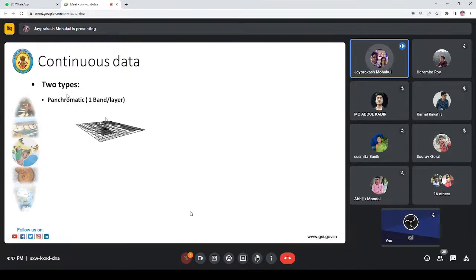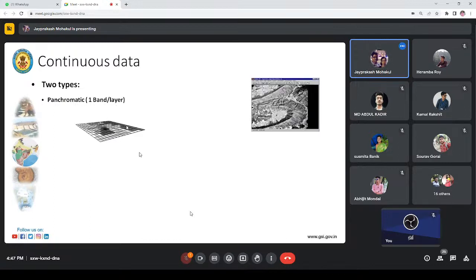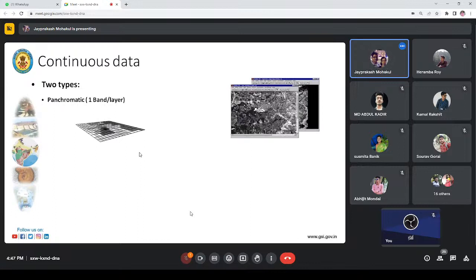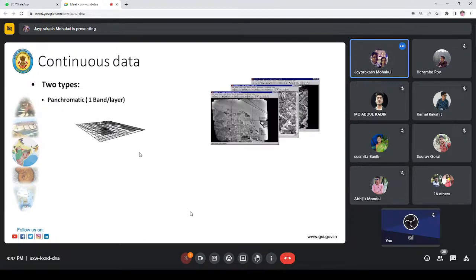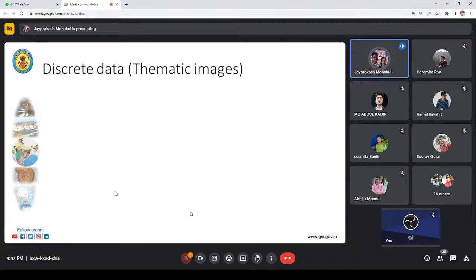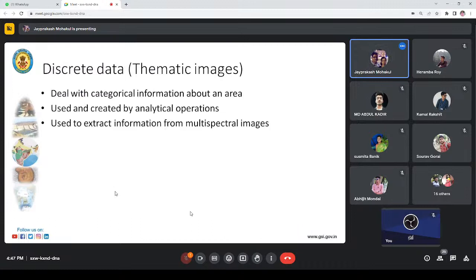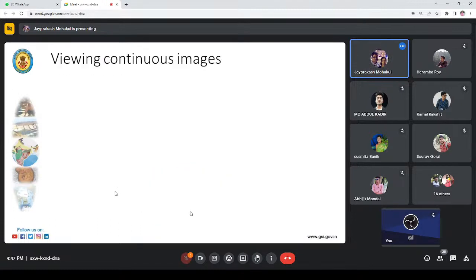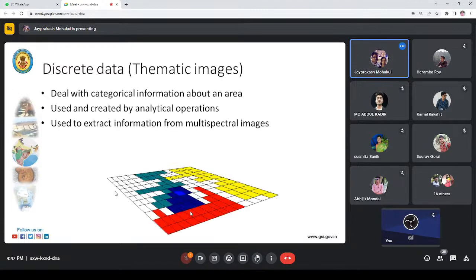So once you have an array of numbers, you can see a panchromatic image if it is a single band. If you have 2 or more bands, yeah, this is discrete data.